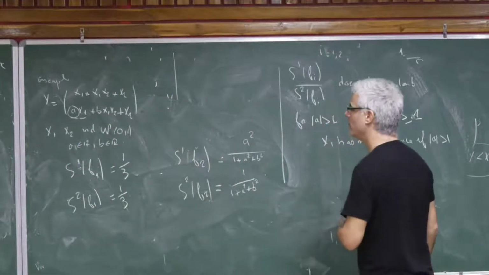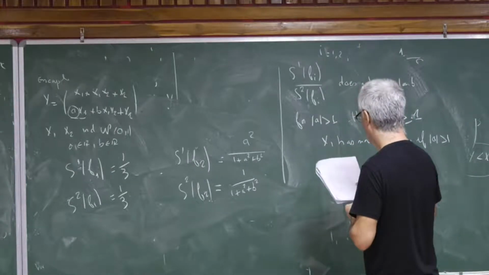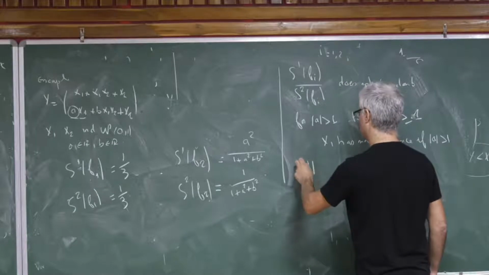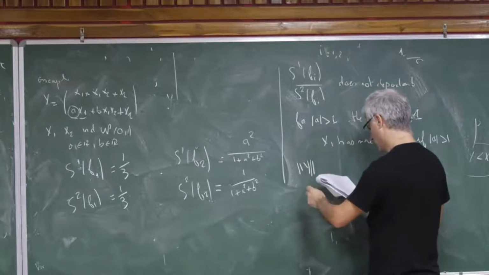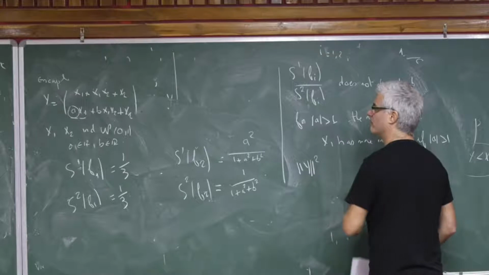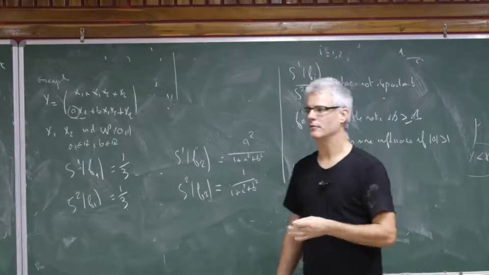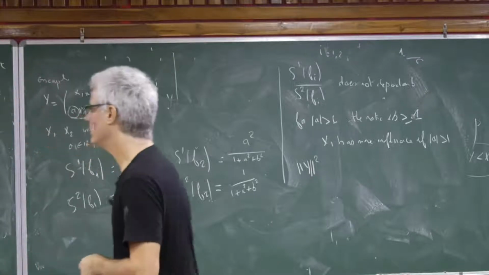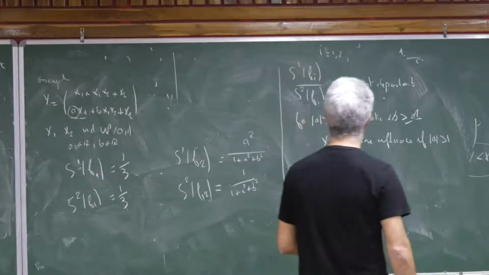But take a look now. You can, for example, consider the norm square of your vector.